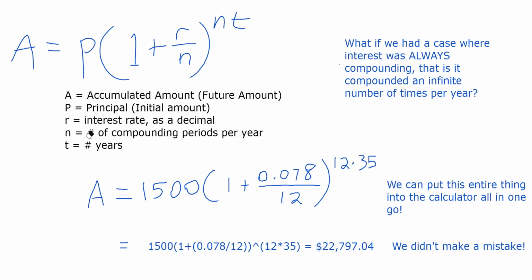Well, you might say, n is the number of compounding periods per year, so I'm just going to plug in infinity. And yeah, I'm just going to put infinity in my calculator. Well, that's not quite going to fly.